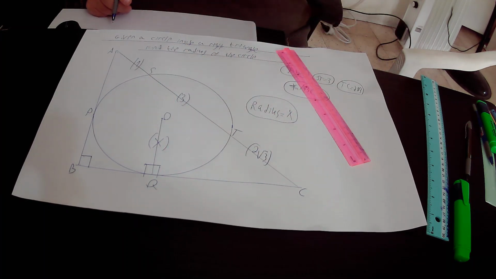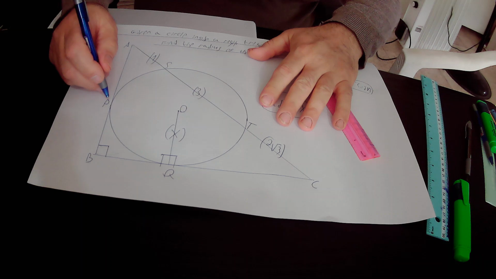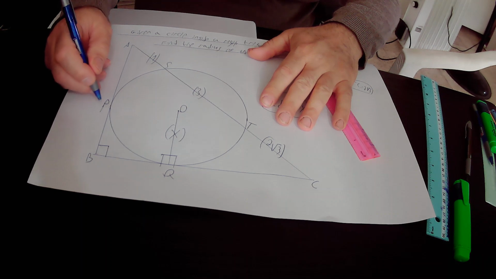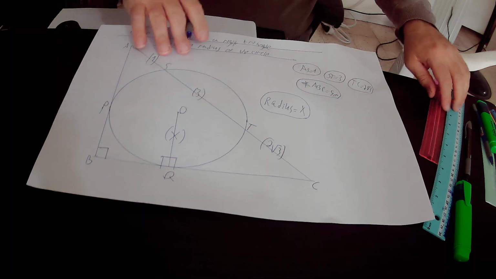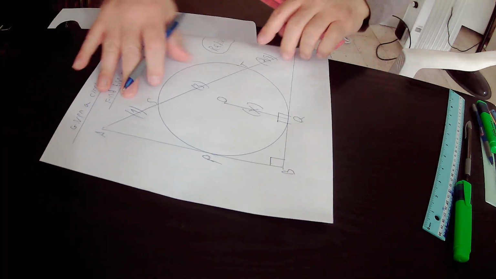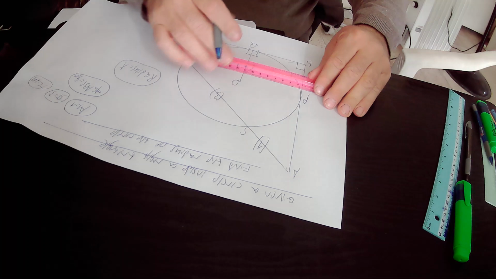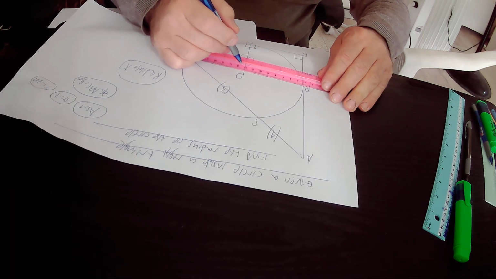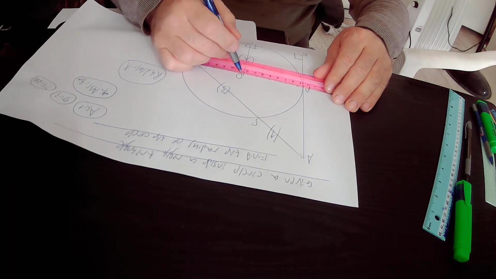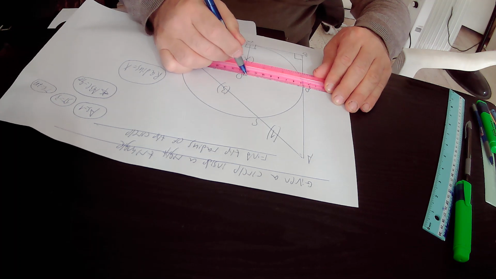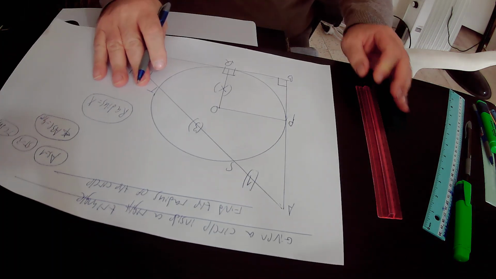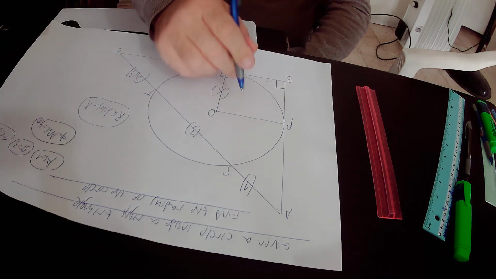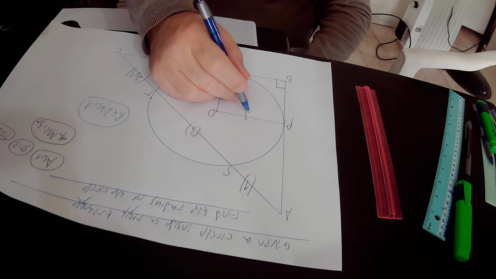Likewise, we join points O and P together by a straight line. OP, line segment OP is the radius of this circle that is equal to X according to our definition.